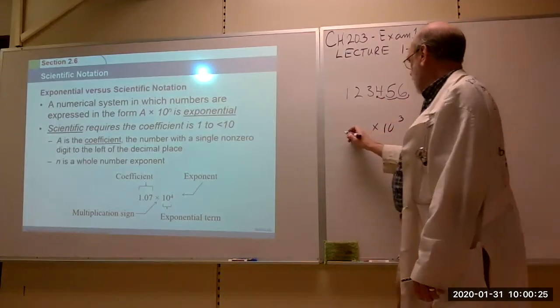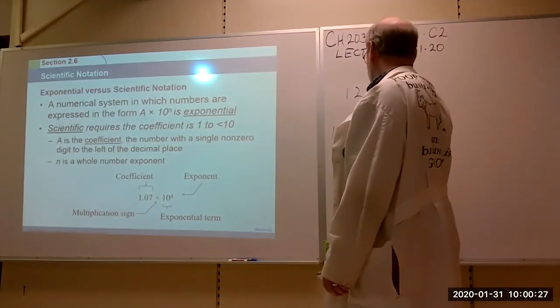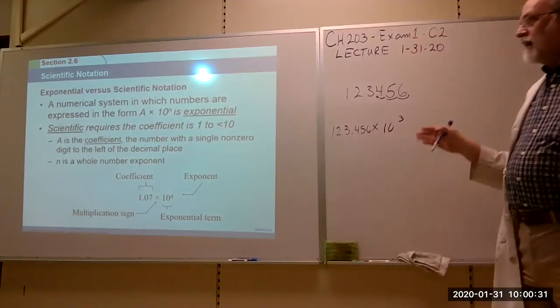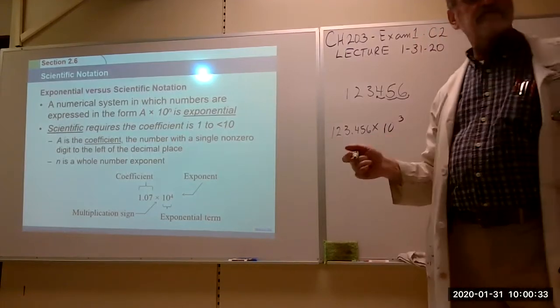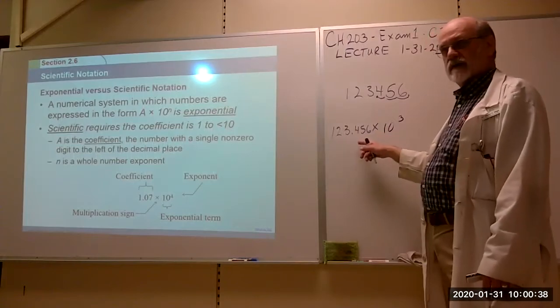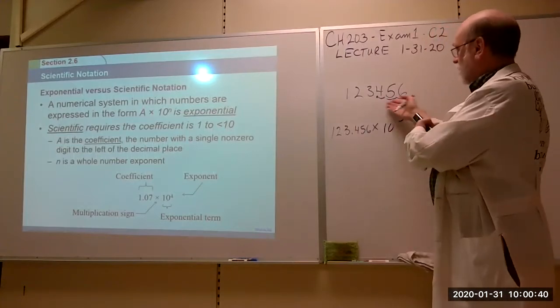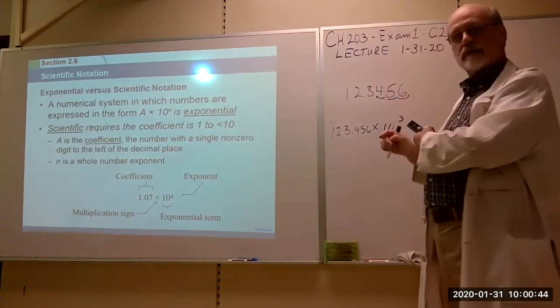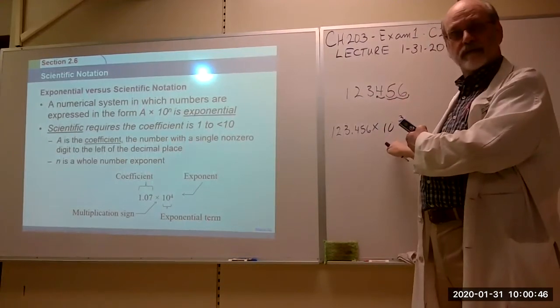And then what do we have left over? 1, 2, 3.4, 5, 6 times 10 to the 3rd. That is exponential notation. It doesn't matter what this is. You just have to store the size of the movement in that value, in the power of 10.